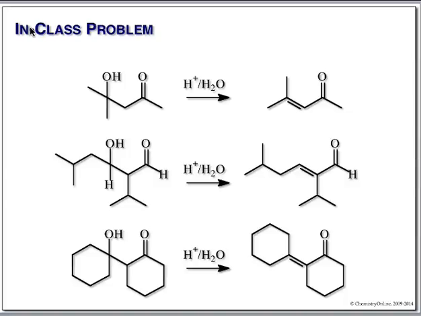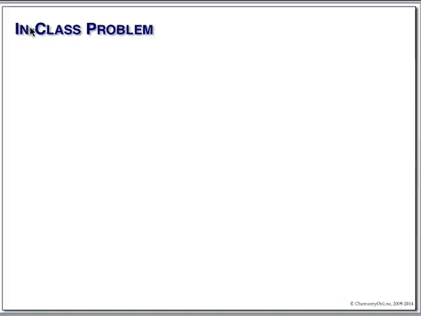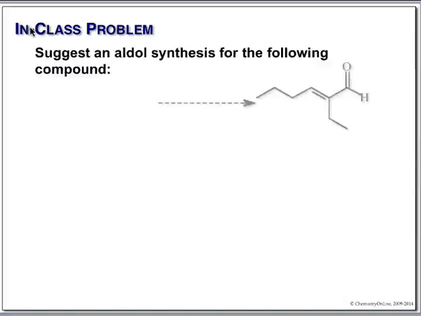So let's take our concept of our aldol synthesis and include the dehydration step. If I ask you to make this guy using an aldol, how would you do it? All right, you would look and say, what is it? It's an alpha-beta unsaturated aldehyde, right?